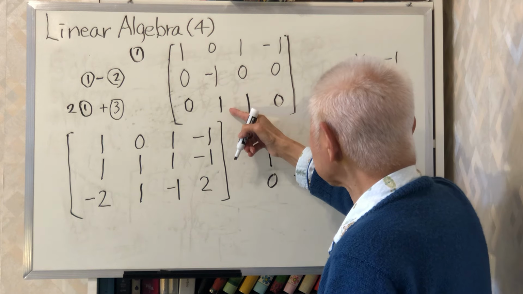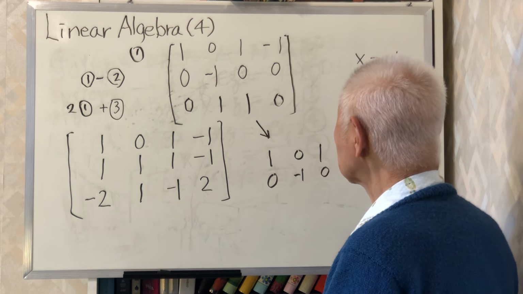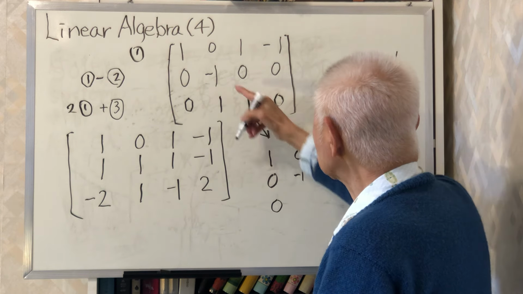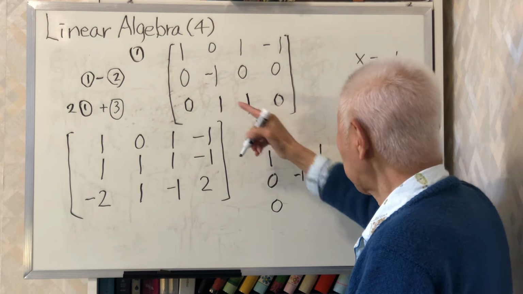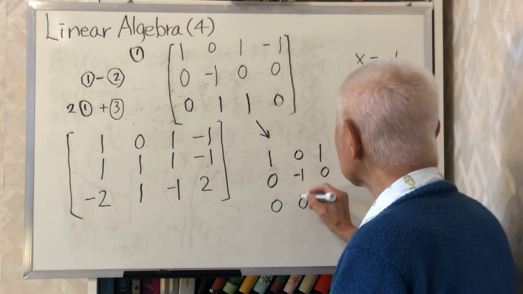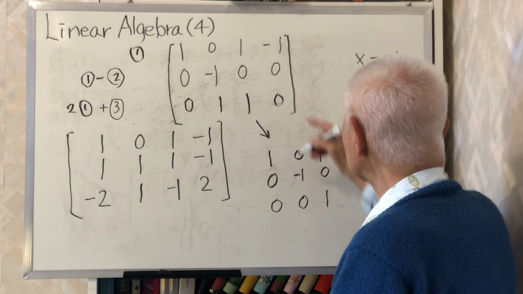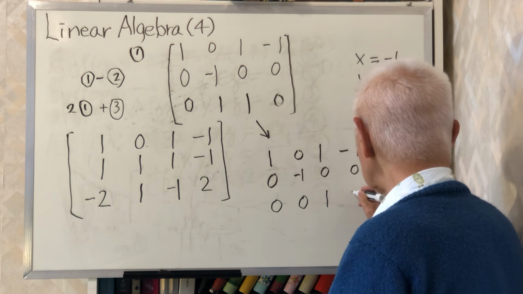This plus that. Okay. 0 plus 0 is 0. Negative 1 plus 1 is 0. 0 plus 1 is 1. 0 plus 0 is 0.